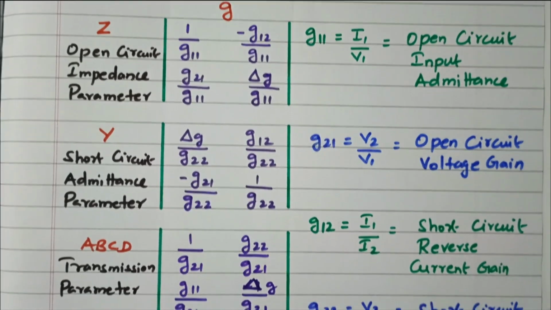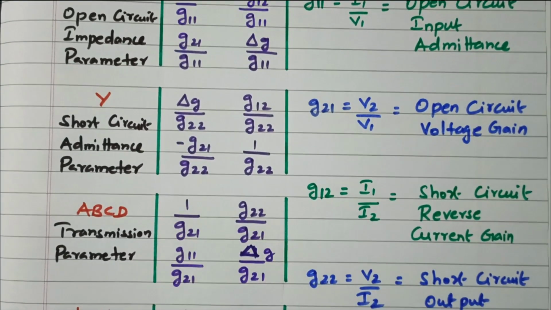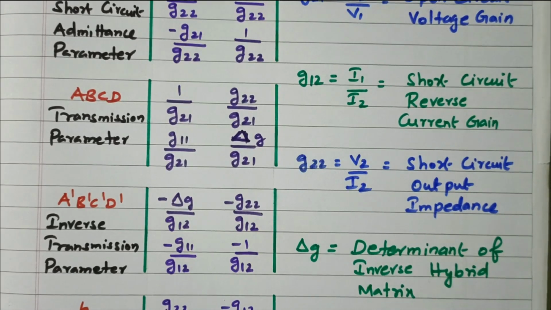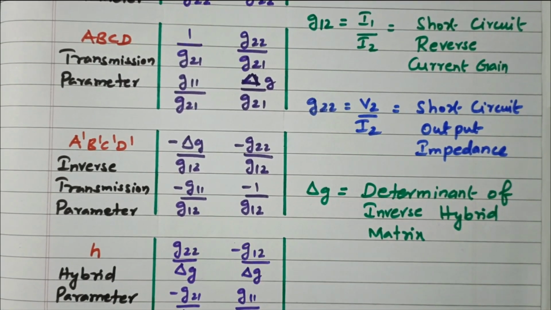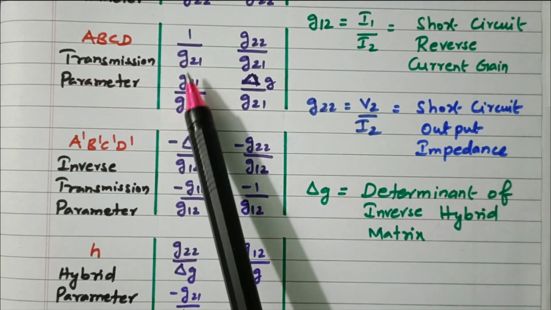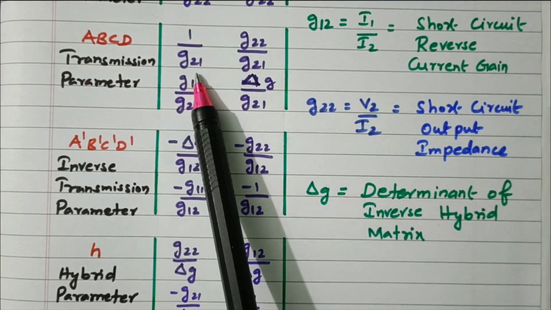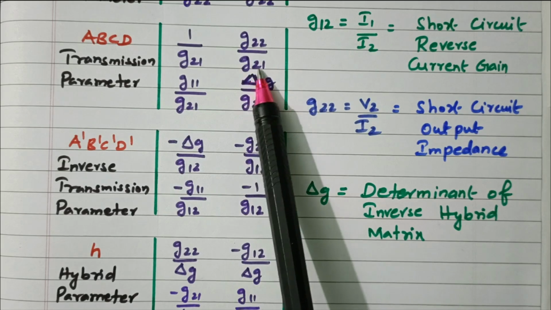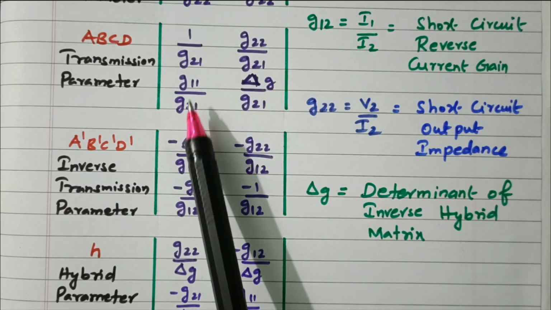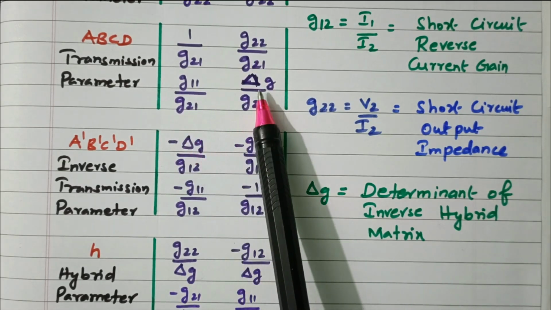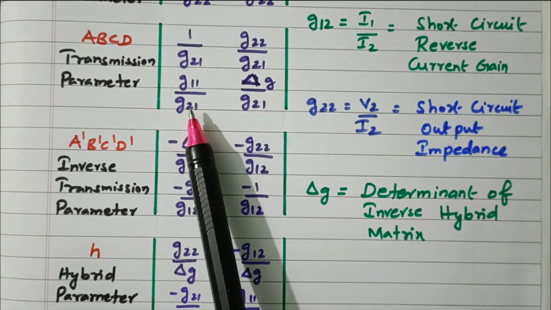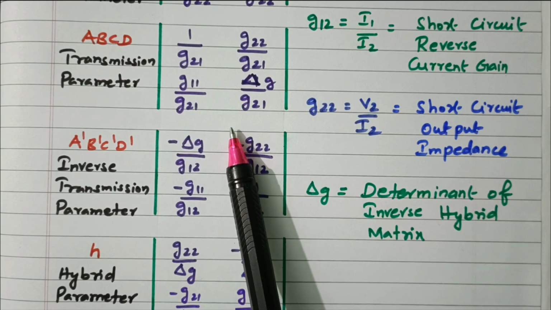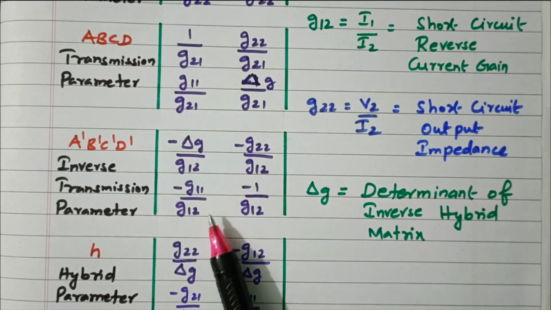Then the transmission parameter, ABCD, normally used for designing transmission lines: 1 divided by G21, G22 divided by G21, G11 divided by G21, delta G divided by G21. The denominator G21 is common to all the terms, the numerator is different.